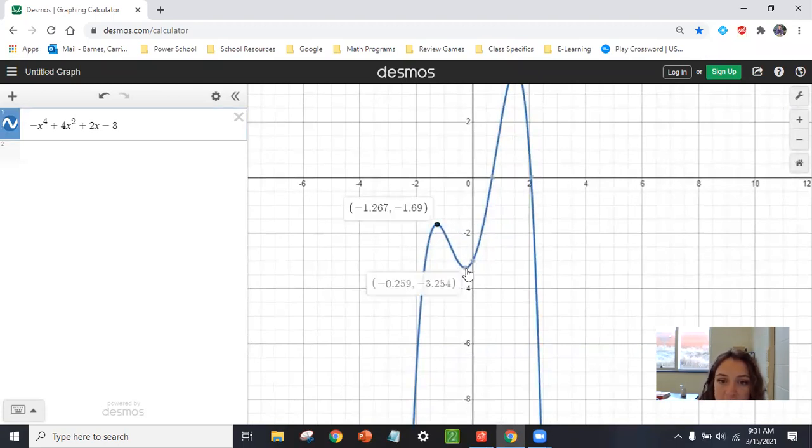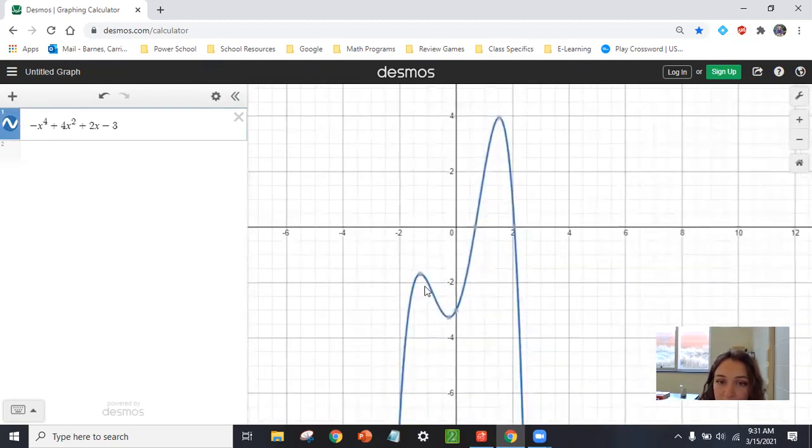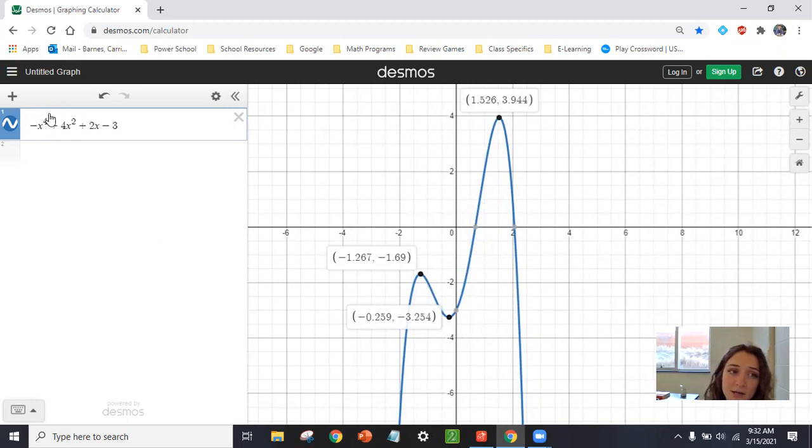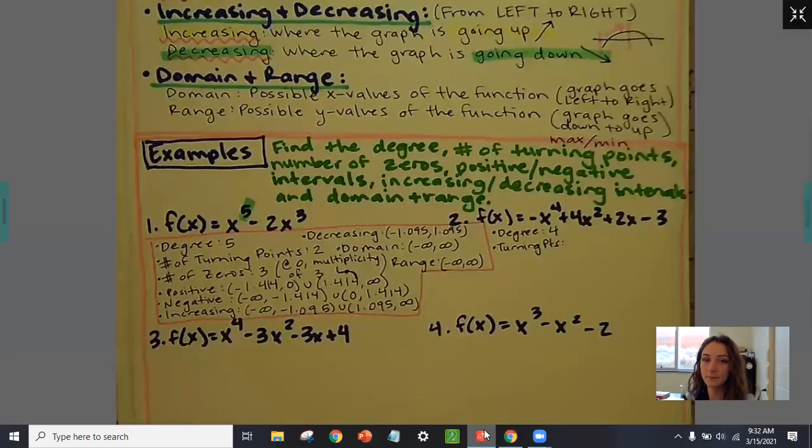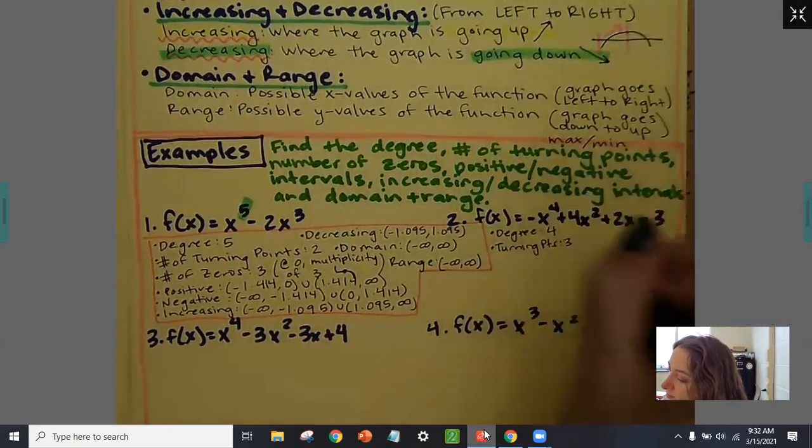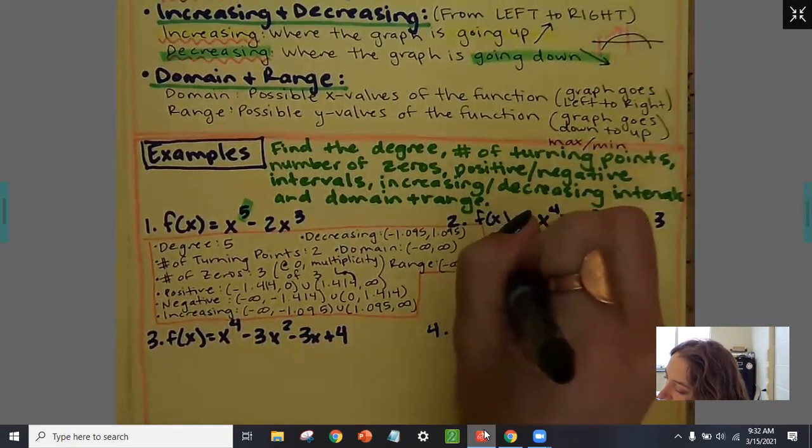Then it goes decreasing to increasing, so there's a minimum. And then all the way up here, it's going from increasing to decreasing. So there are only 3 turning points here, and this actually does match because it's supposed to be 1 less than the degree. So it was 4, and there are 3 turning points here.